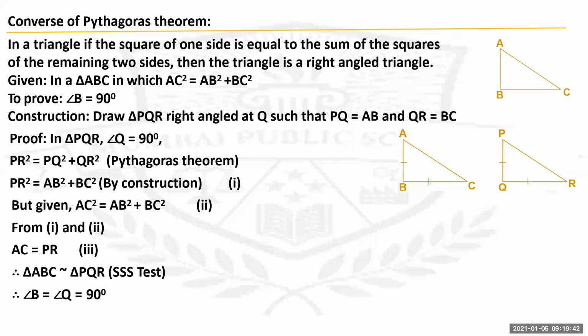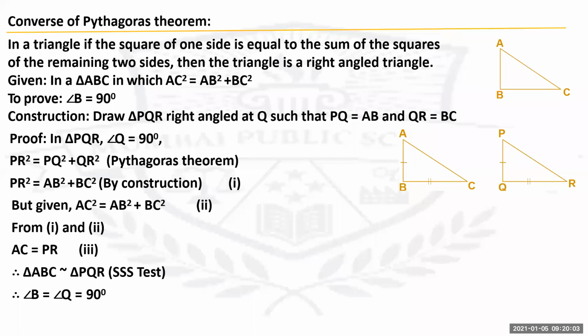So PR square equals AB square plus BC square. This is by construction. But given AC square equals AB square plus BC square. So from 1 and 2, we get AC equals PR.